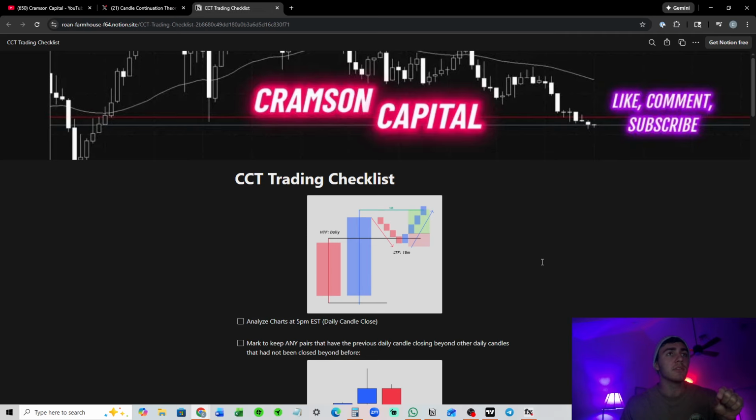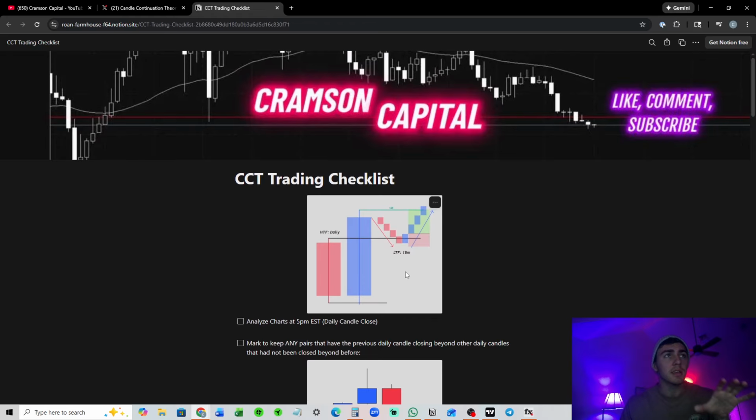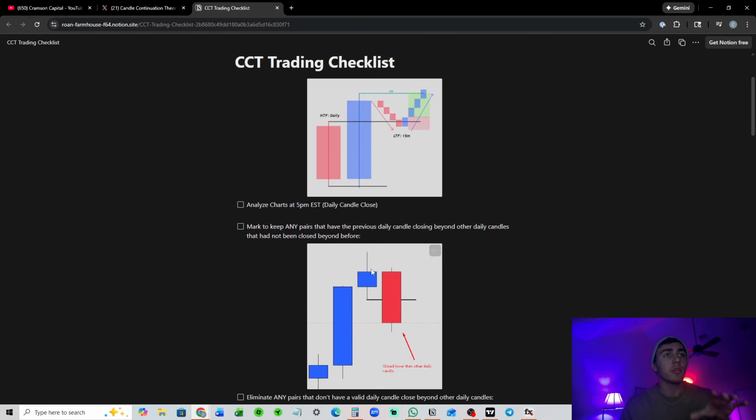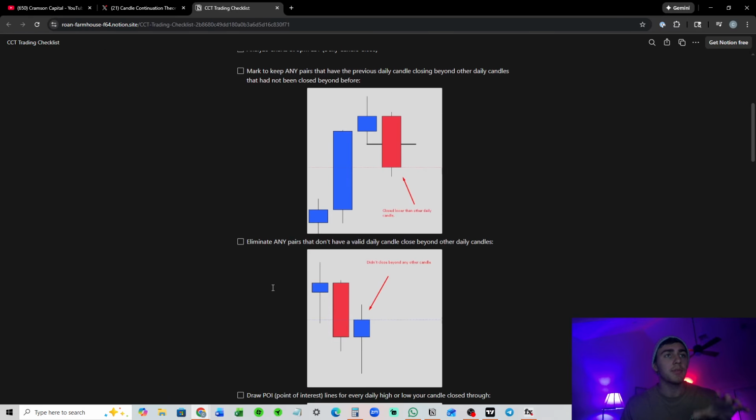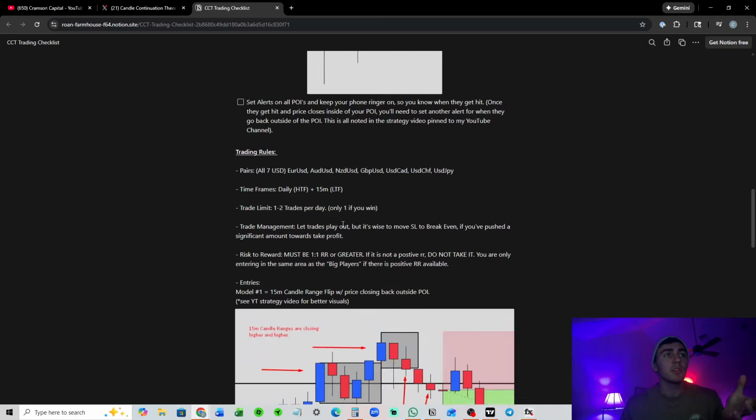This link is a resource for you that's in my Twitter that is going to show you the framework image of what we're trading, the candle continuation theory, and it's also going to give you a daily checklist. It's about 5 things that you just got to check off with images. It's going to be the same things that you see in my trading videos, and then you're going to see some trading rules.